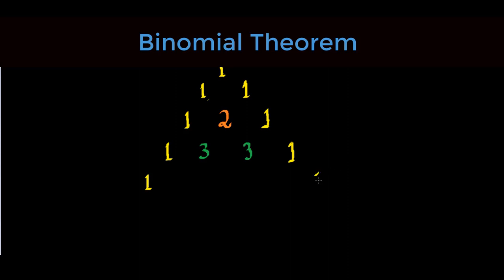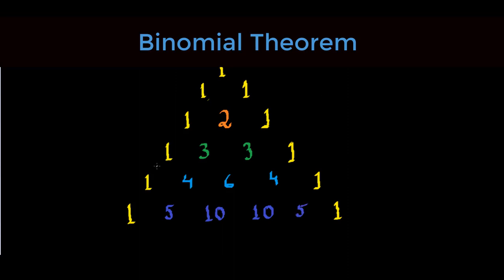1, 1, set. Then 1 plus 3 gives us 4, 3 plus 3 gives us 6, and 3 plus 1 gives us 4. Then 1 and 1 on the sides, and we add 1 and 4, which gives us 5, 4 and 6 adds up to 10, 6 and 4 adds up to 10, and 4 and 1 adds up to 5.